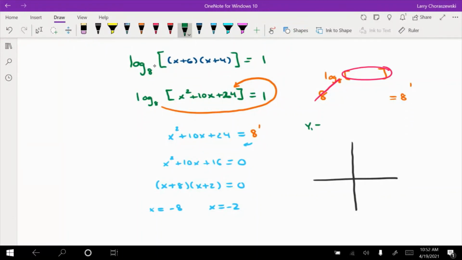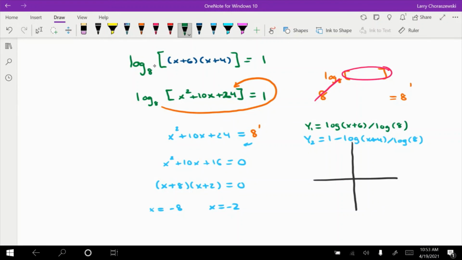in y1, you would want to type out log of x plus 6 divided by log of 8. That's by virtue of the change of base formula. For y2, you'd have 1 minus log of x plus 4 divided by log of 8, again by the change of base formula.